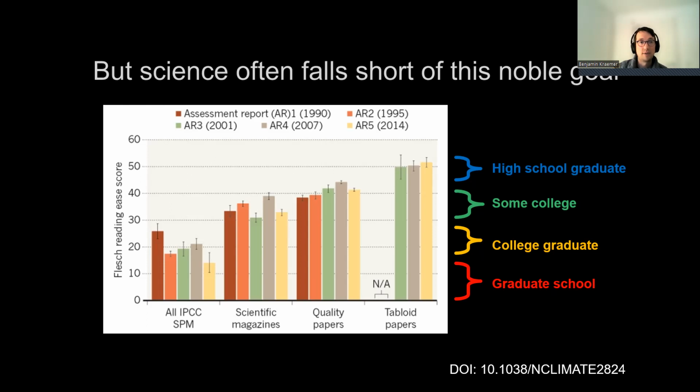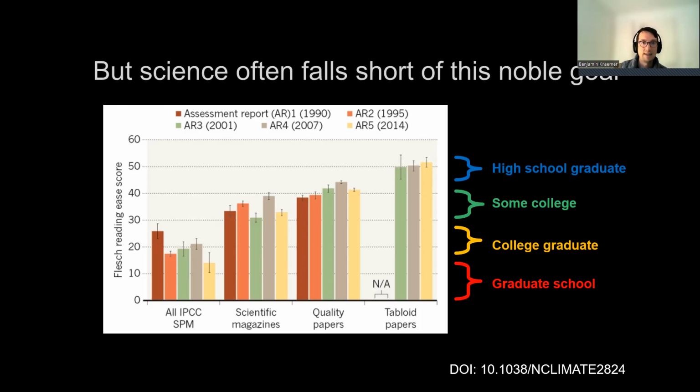So you'll notice on the left part of this figure, from the red bar showing a relatively high reading ease score to the yellow bar, the trend over time in the readability of this summary for policymakers. And because this is very difficult for most to read, policymakers and the public often are forced to rely on the other sources shown in this graph.